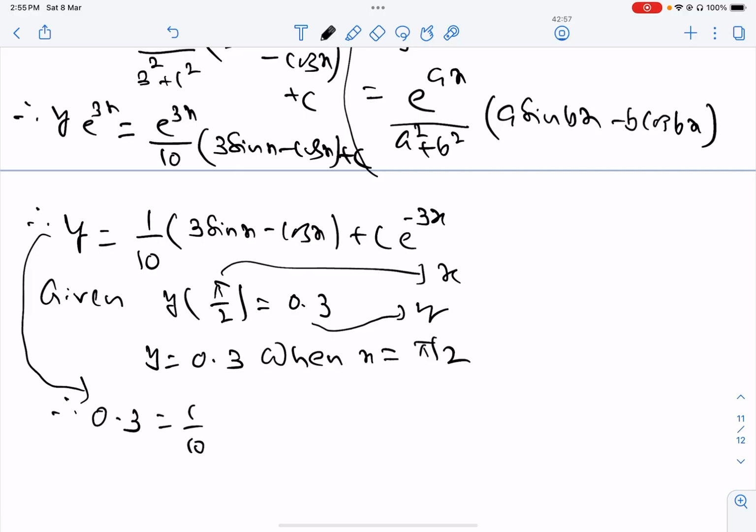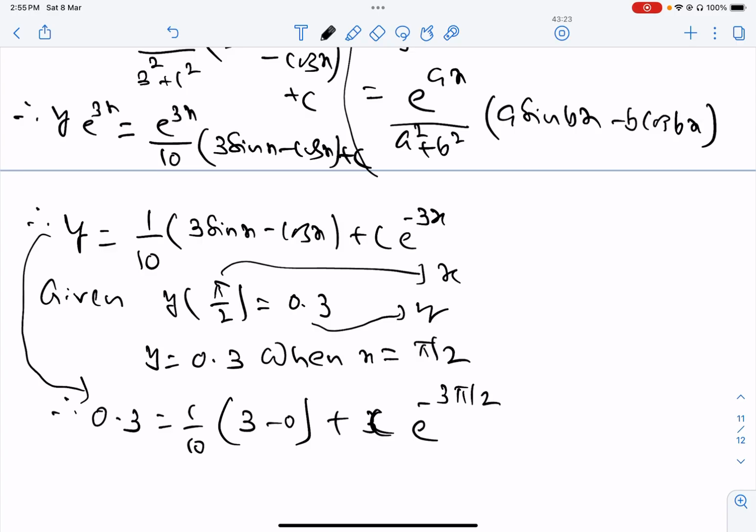1 by 10. Sin pi by 2 is 1. So this is 3. Cos pi by 2 is 0. So minus 0, and plus c e power, x is pi by 2, so minus 3 pi by 2.